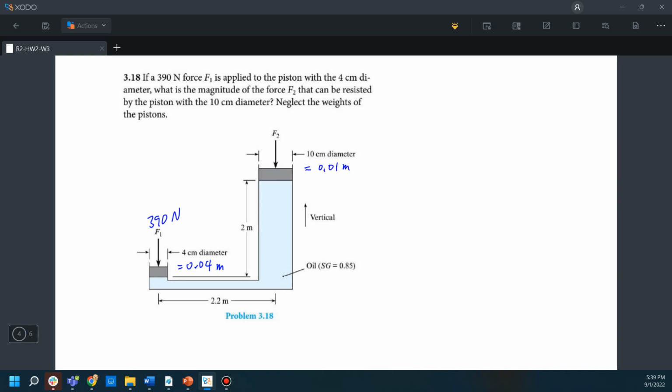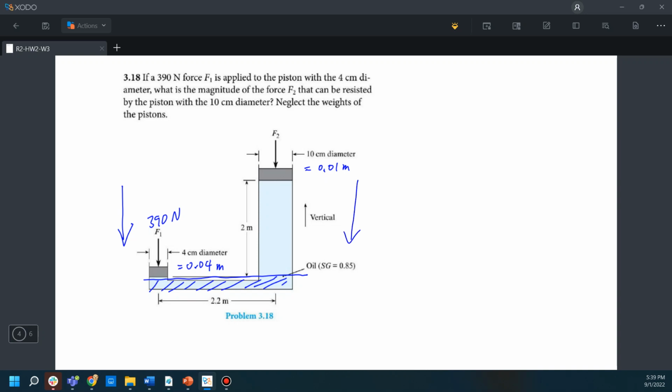Okay, and we will neglect the weight of the piston. So again, we will apply the hydrostatic equation. So you draw a line here, because they are the same material, so these parts will be cancelled out. So the part from here will equal the part on the right hand side.